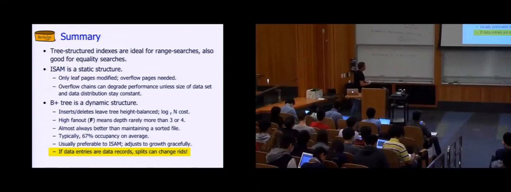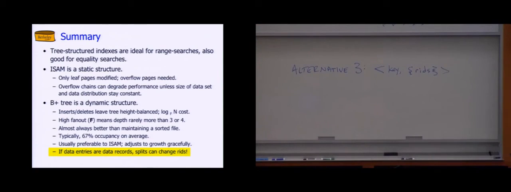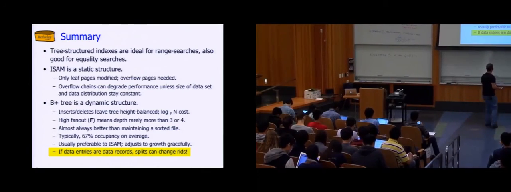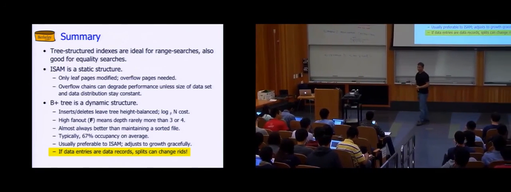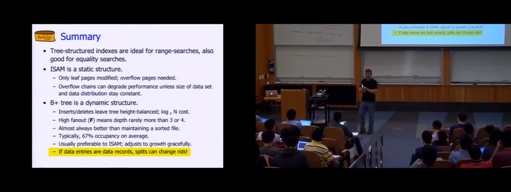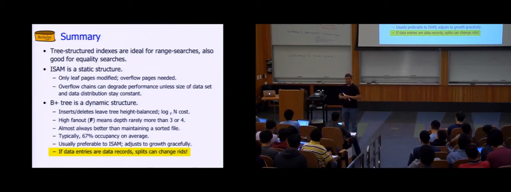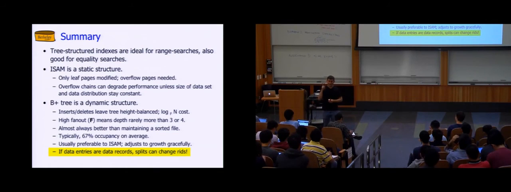Having seen this, what I want to emphasize is this last bullet now. If your data entries are data records, which is to say alternative 1, so your B tree, what happens when you split a leaf page? The tuples move around, which means that their page ID changes, which means that their record ID changes. Because record ID is page ID, comma, slot number.